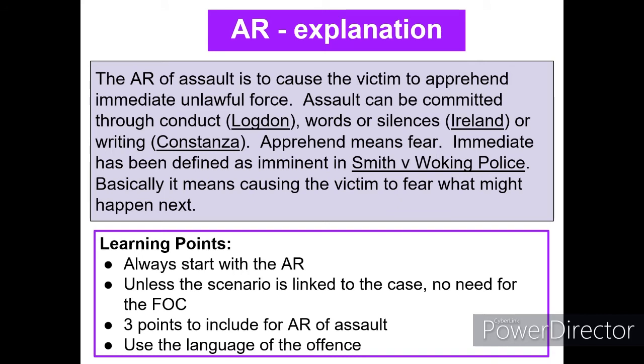If the scenario is directly mirroring the facts of a specific case, then you might want to say this scenario is similar, but at this point, just putting it in brackets is fine. Three points: type of assault, apprehend and immediate. And again, you need to use the language of the offence: apprehend, immediate.